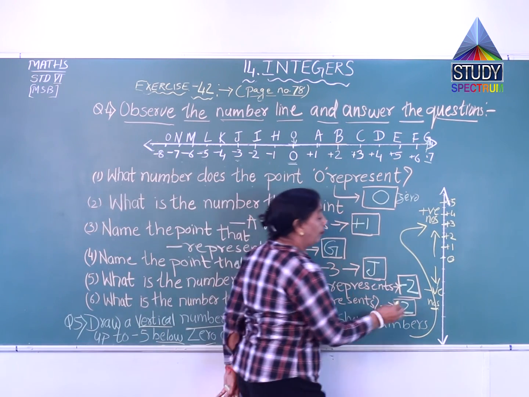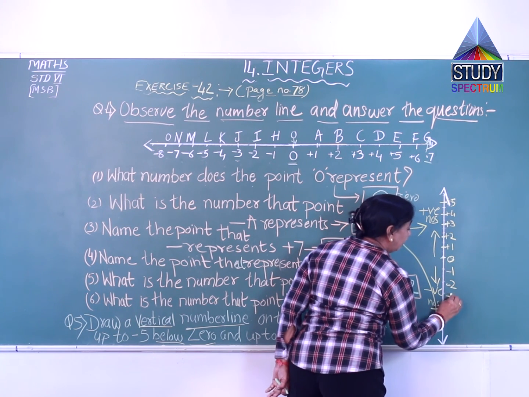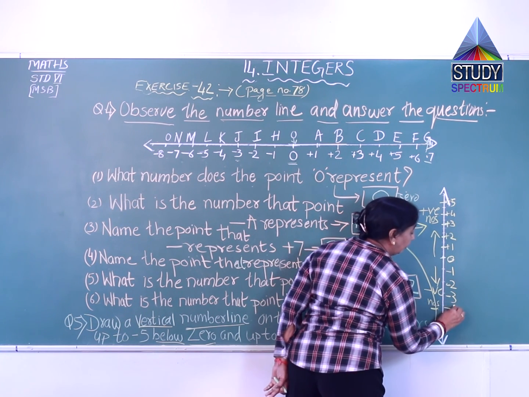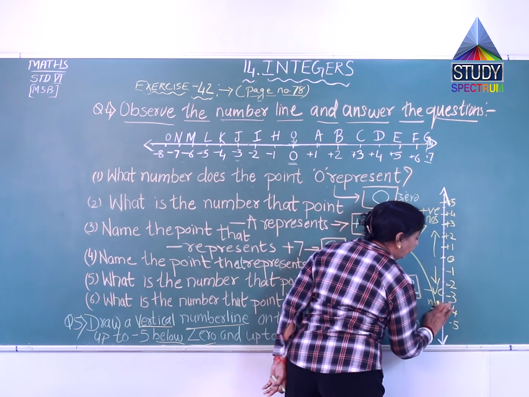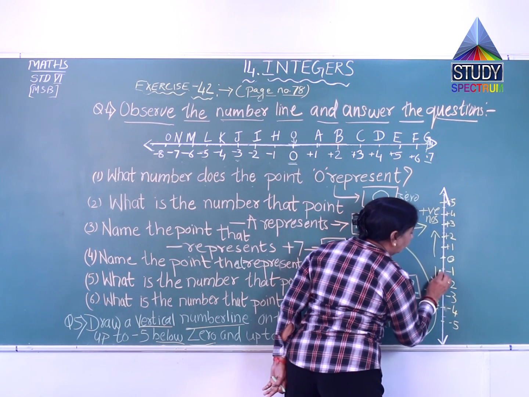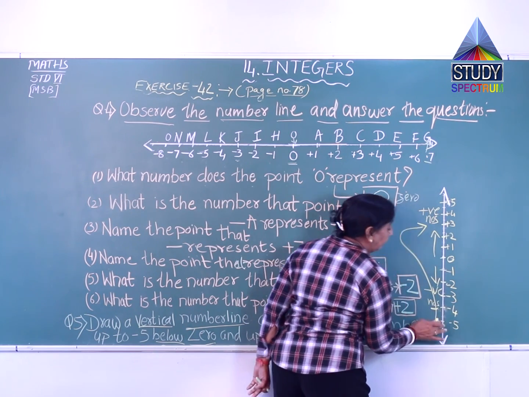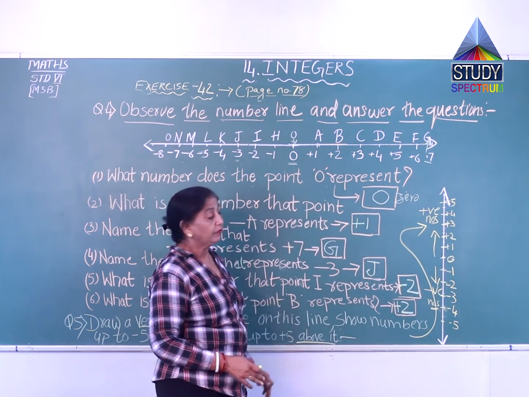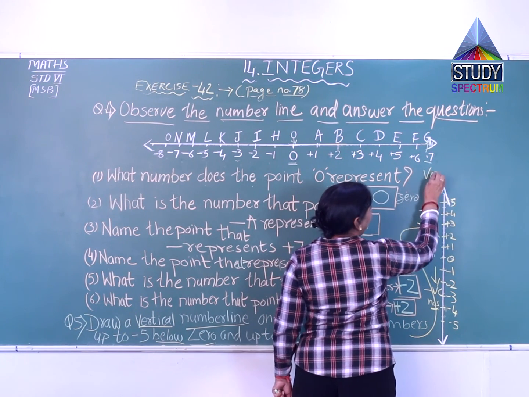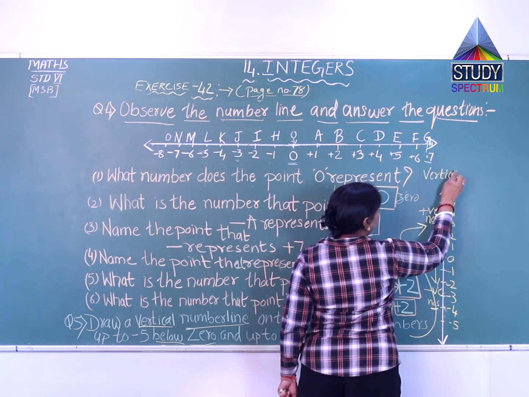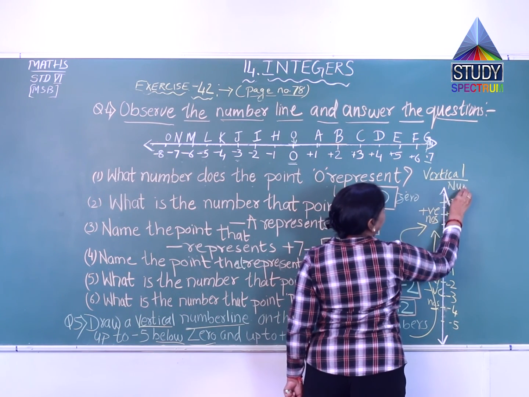So here -1, -2, -3, that is -3, -4 and -5. So here you can see I have plotted the negative numbers. So this is what? This is a vertical number line.